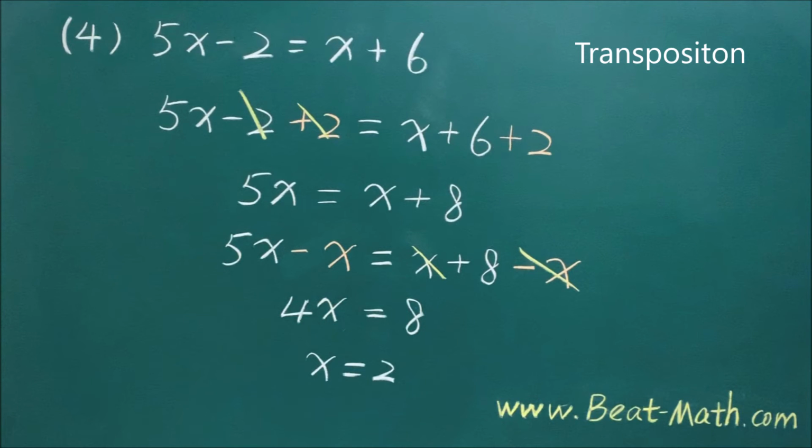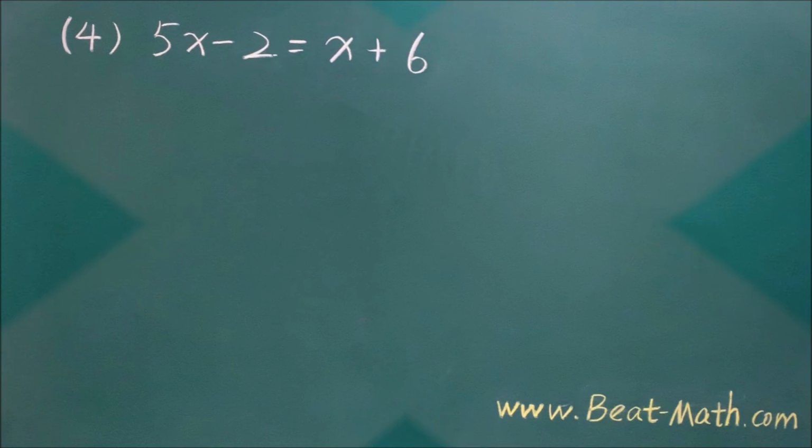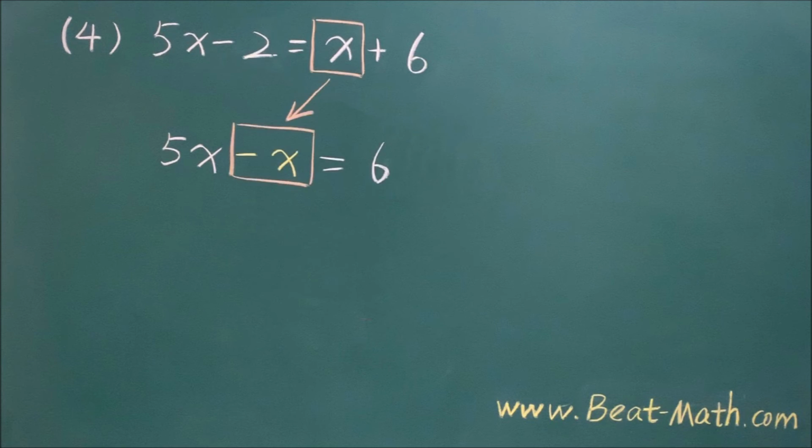Now I am going to show you a simpler way of using transposition to solve the equation. We just move a term from one side of the equation to the other side by changing its sign from plus to minus, or from minus to plus. Let's look at this problem again. First, we just need to transfer x to the left side, so we subtract x and get negative x.